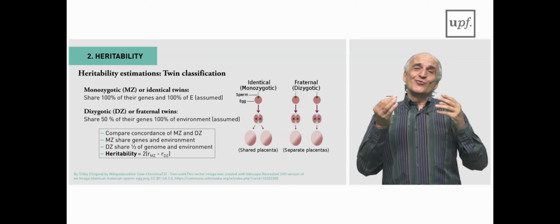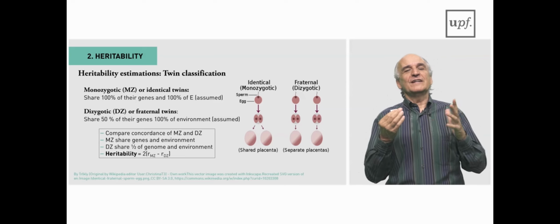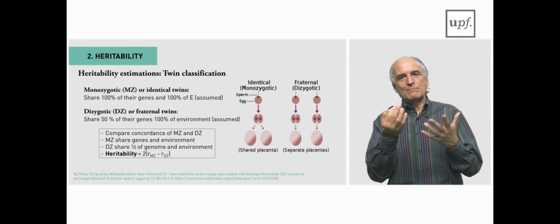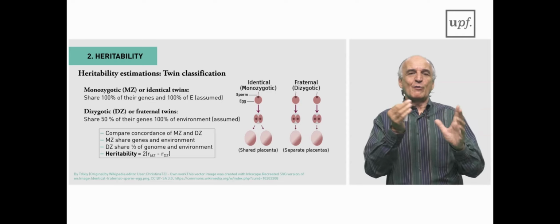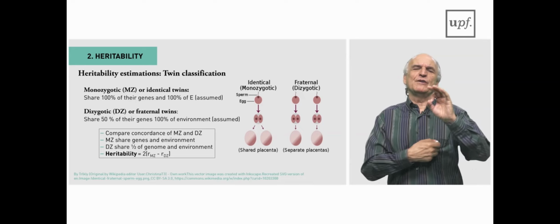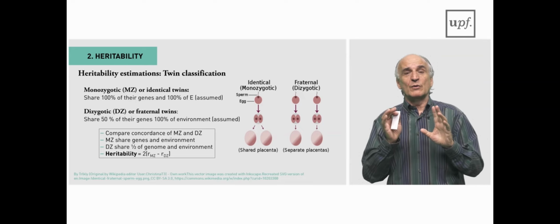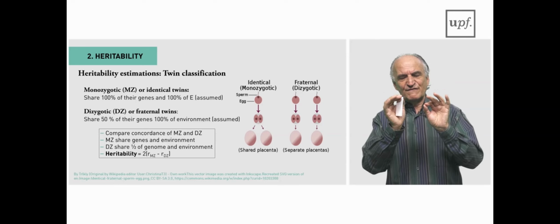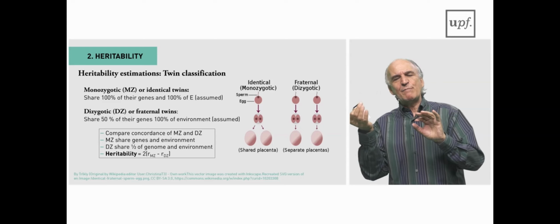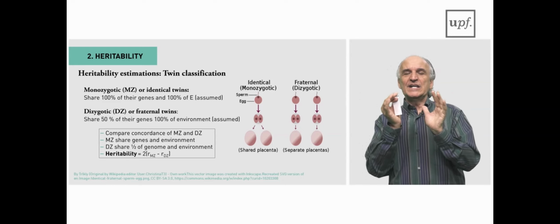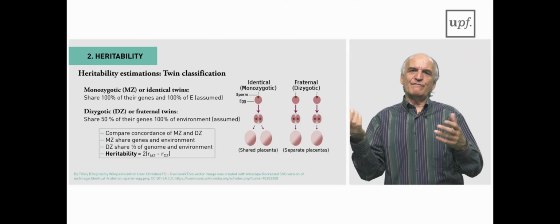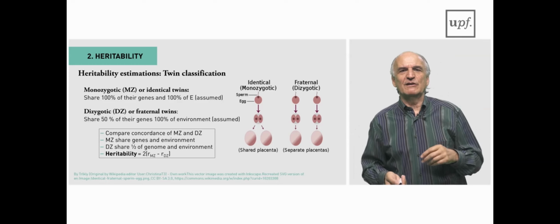To calculate the heritability of a trait is to give an idea to which extent this trait comes from genes or from the environment. We don't have to have a strict idea, if we have a heritability of 0.5, of saying 50%. No. This value depends on how it is calculated, in which population, in which genetic background. So it's a general idea of the relative importance of genetic factors in relation to environmental factors.